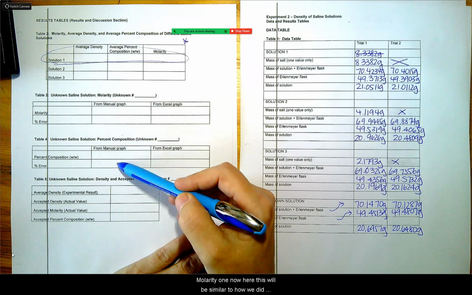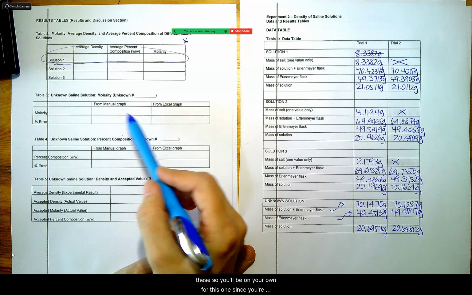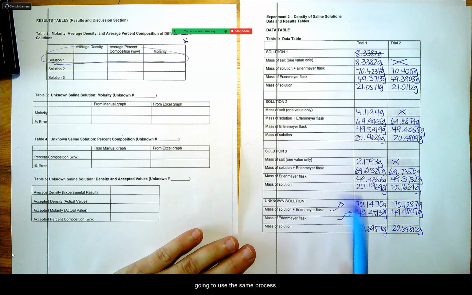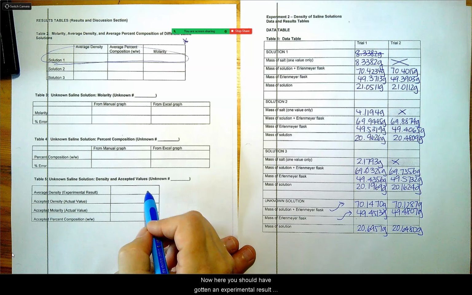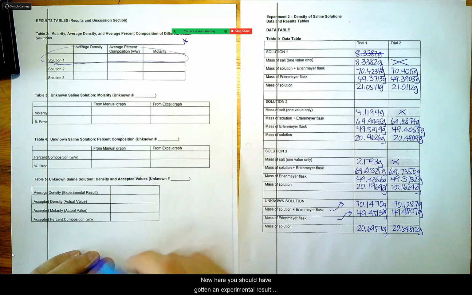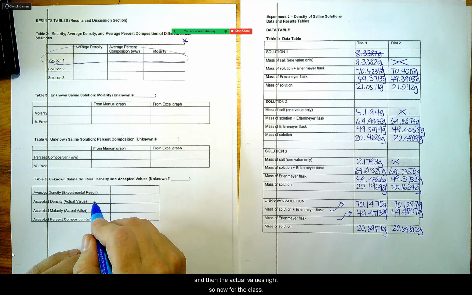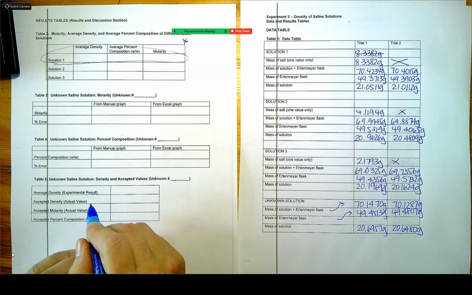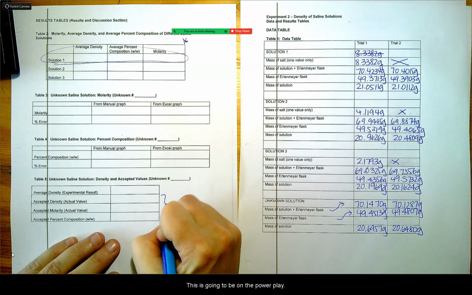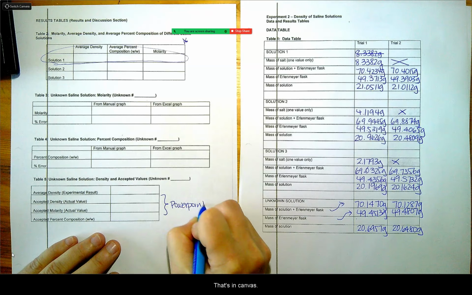Now here, this will be similar to how we did these. So you'll be on your own for this one, since you're going to use the same process. All right. Now here, you should have gotten an experimental result and then the actual values, right? So now for the class, this is going to be on the PowerPoint that's in Canvas.